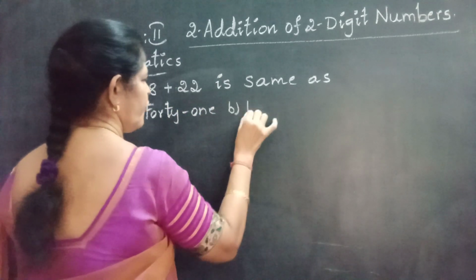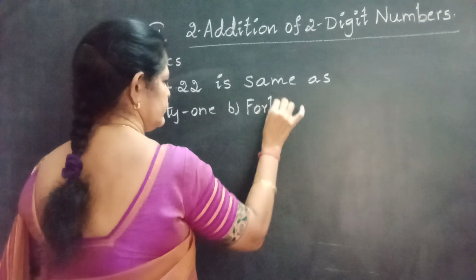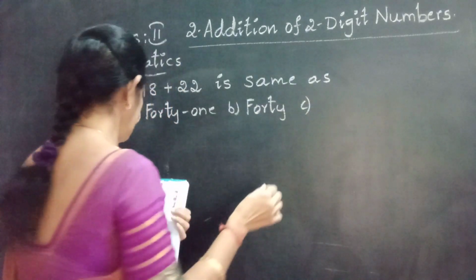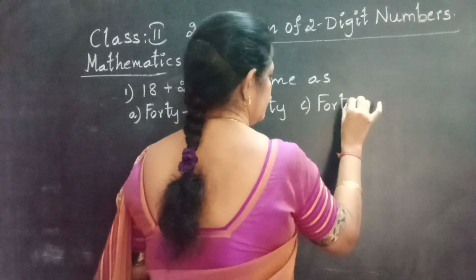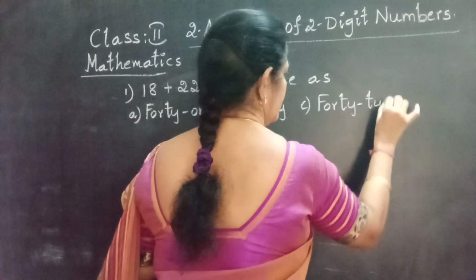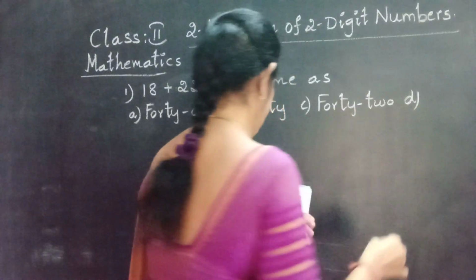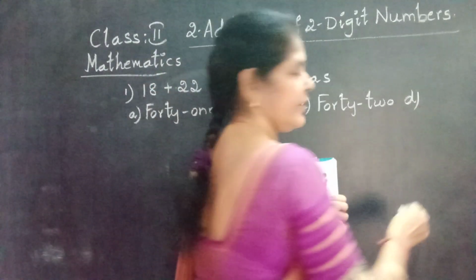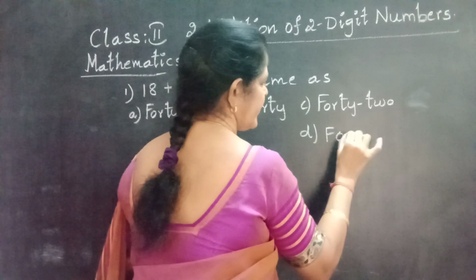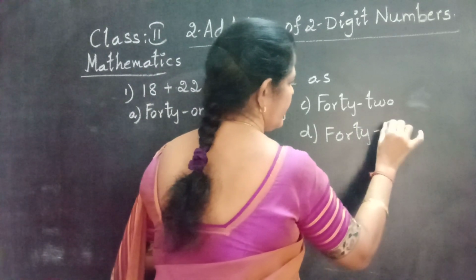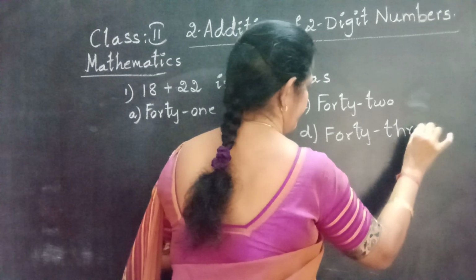Second option, B, 40. Third option, C, 42. Option D, 43. I wrote them down now. These are the given options. We are going to choose the correct answer.